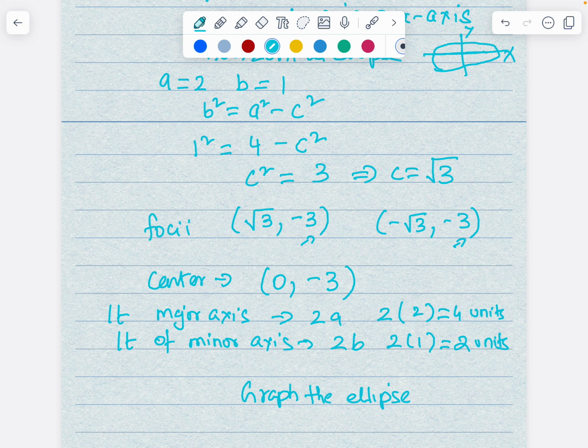All you're doing is making sure you're having the correct points, and as always, don't forget to mark the foci, the center, and the length. So these are the kind of questions you're going to get for ellipse. It's very similar to circles, and you'll see that it will also be very similar when you do hyperbola.